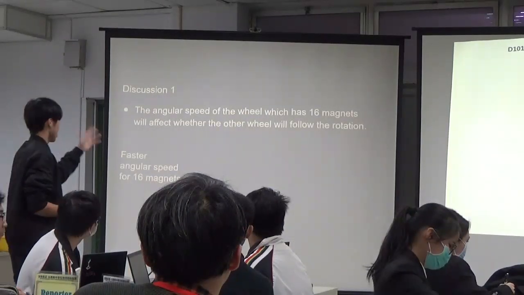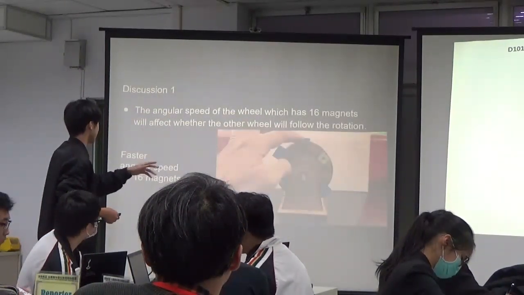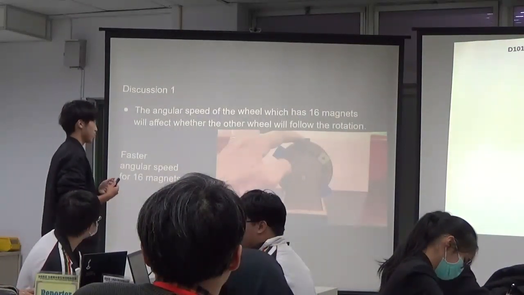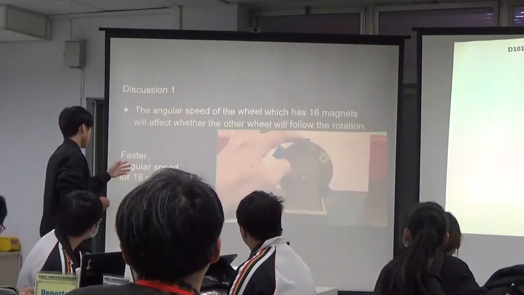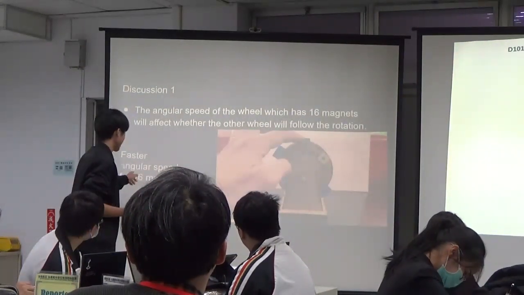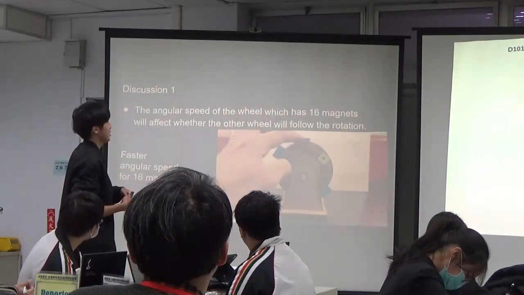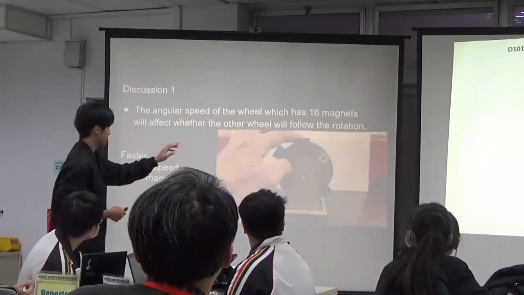So here comes our discussion. The angular speed of the wheel which has 16 magnets will affect whether the other wheel will follow rotation. So if the angular speed for the wheel which has 16 magnets is too fast, the other one will fail to follow rotation.